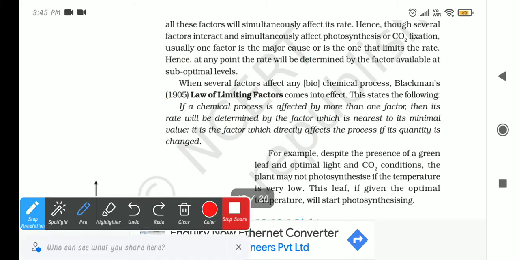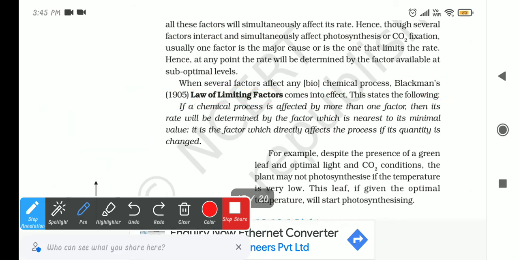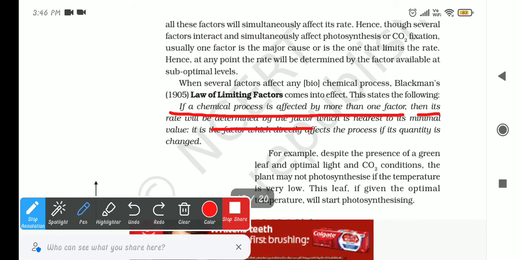When several factors affect any biochemical process, Blackman in 1905 gave the law of limiting factors, which says that if a chemical process is affected by more than one factor, then its rate will be determined by the factor which is nearest to its minimal value. This law is very important.